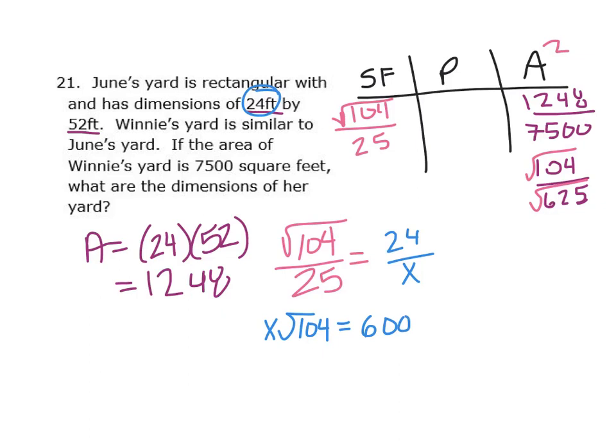And we get x has a value of about 58.835. So that's going to be one dimension.